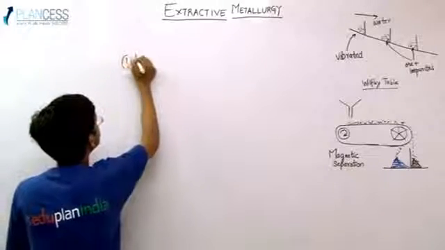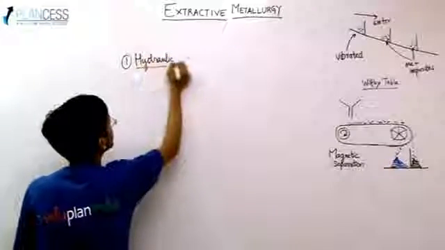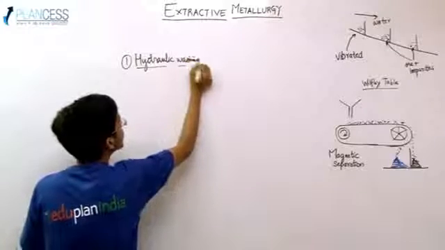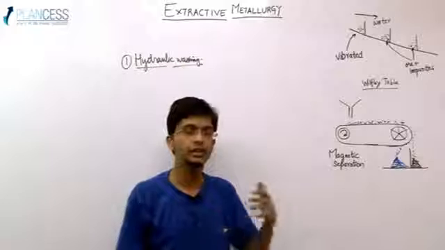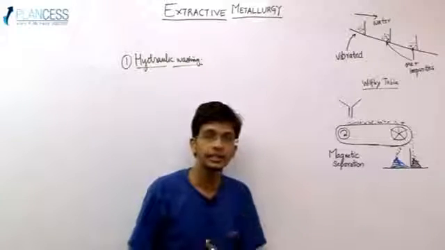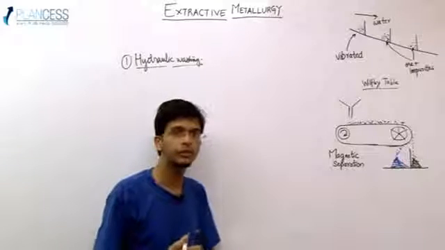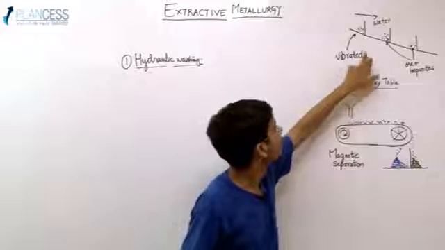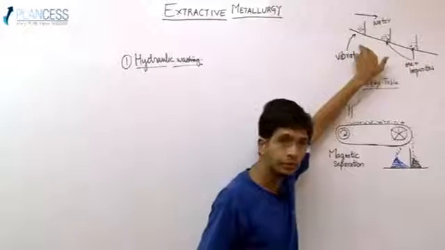For density, we use hydraulic washing. Hydraulic washing is simply washing the ore with water. The ore particles are heavier while the impurity particles are lighter, so they get washed away with water. There is a particular method for hydraulic washing known as the Wilfley table, which is shown here. A Wilfley table is a slanting slope and the table below is vibrated.